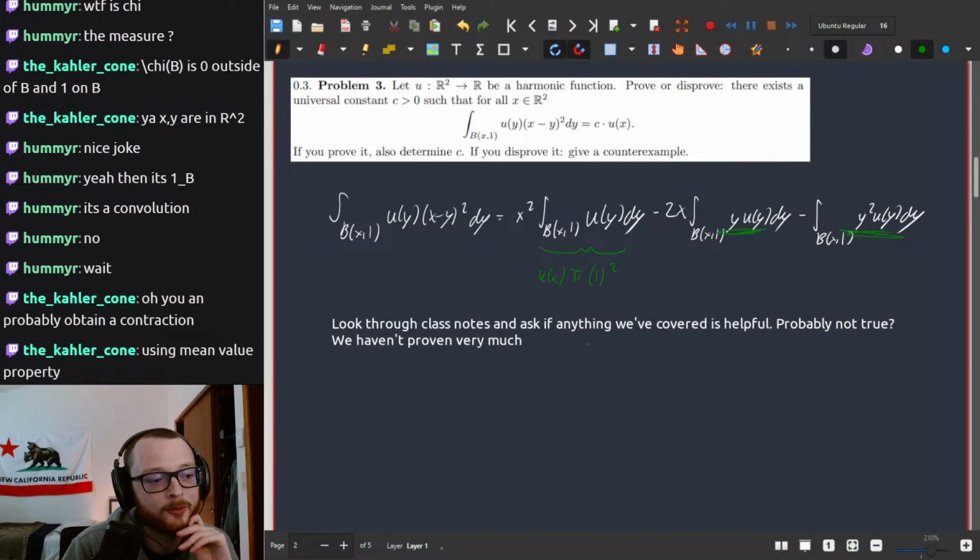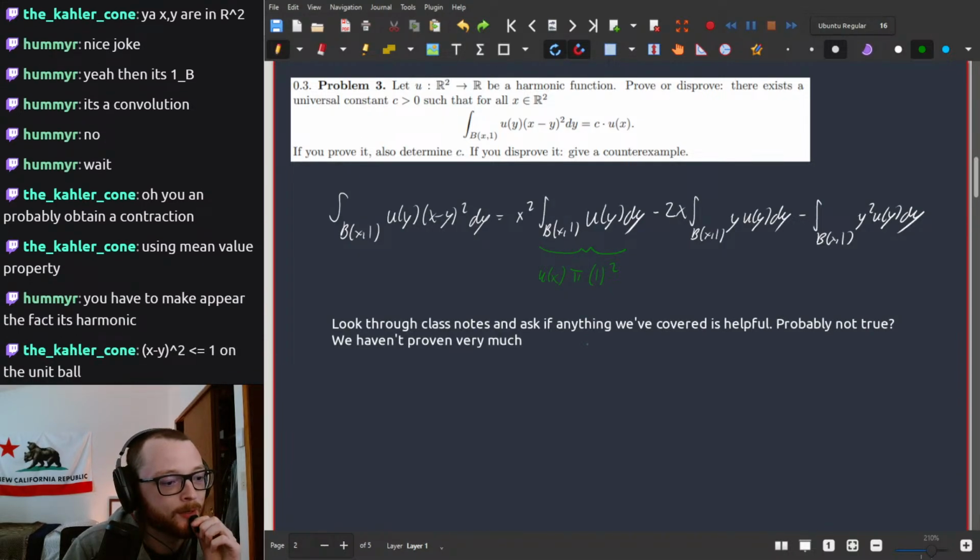We can obtain a contradiction using the mean value property. I have no clue how that will be done.